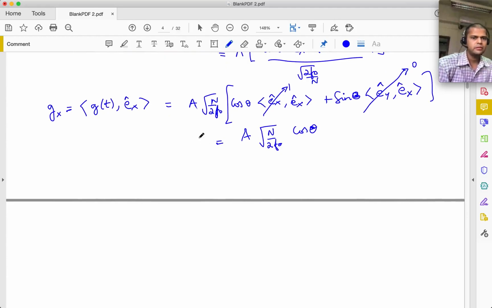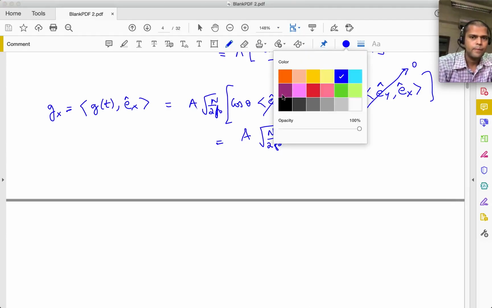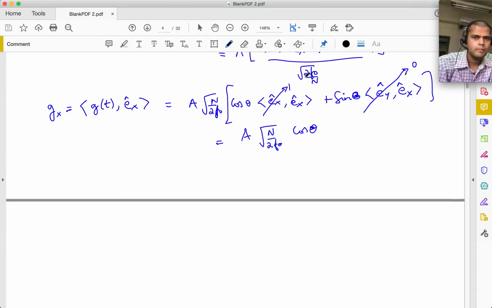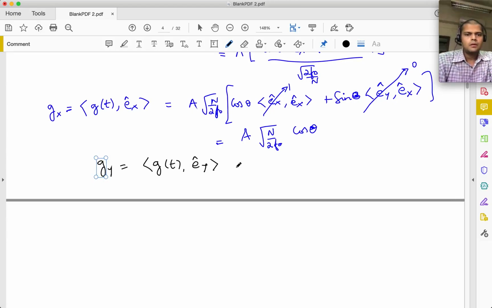And what would gy be? Well, you just take the dot product with ey, so sort of the opposite would happen. This term would disappear because we would be taking the dot product of ex with ey, whereas this would go to 1, and we'd end up with the same constant times sin theta.